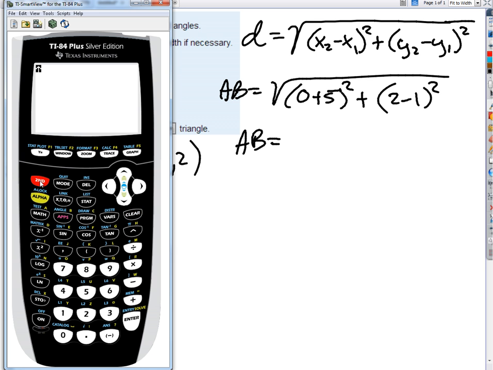So the square root of 26 is about 5.10, to 2 places. Does that make sense? Do you see why? I got to round up this 09, but then the next digit's a 9, so it pushes it up by 1. So it makes that 09 into a 10. Okay, so I get roughly 5.10.